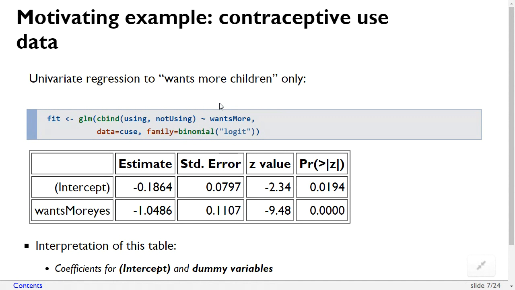Isn't it just the log odds of the probability of using contraception with the null model where you have no predictor in the model? Close. So it is the log odds of contraceptive use. For whom? It is the log odds of contraceptive use for a group of people in our study, as predicted by the model.